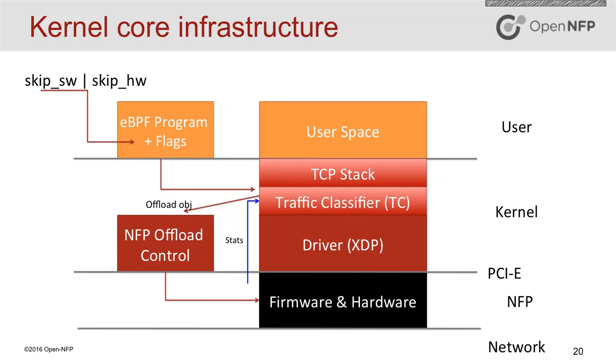So the behavior should be completely identical between the offloaded and non-offloaded case. Because of that, we need to populate all the statistics and all the information inside the Traffic Classifier which would be gathered if the program was run there. Therefore, the blue arrow shows that we communicate the stats and all the necessary information back to the Traffic Classifier from the data path running in the hardware.